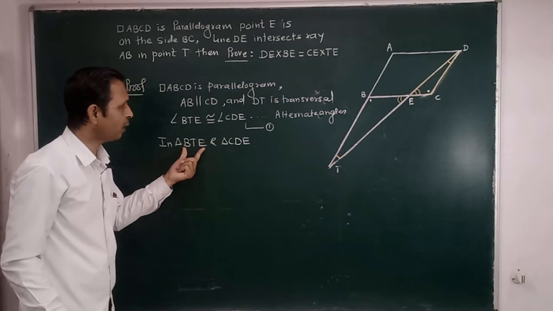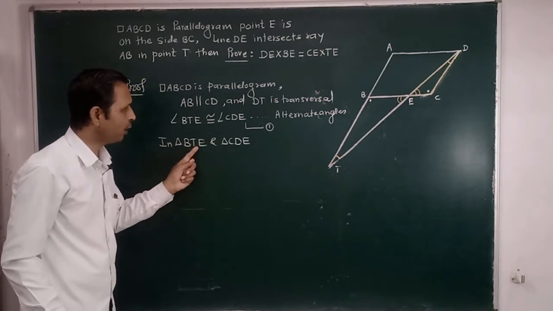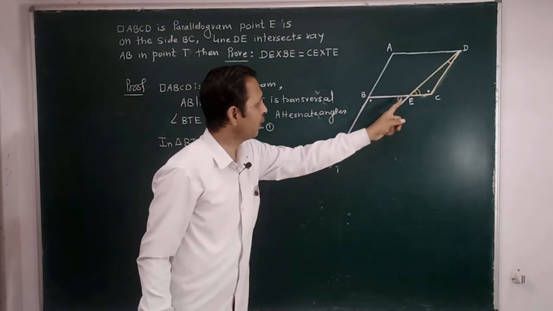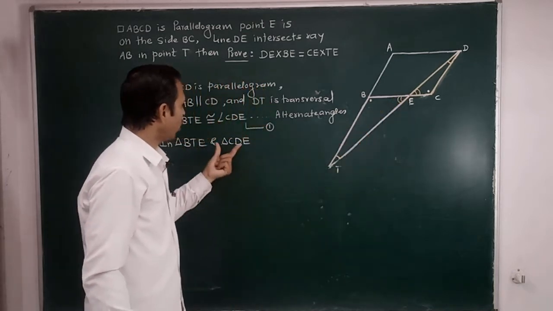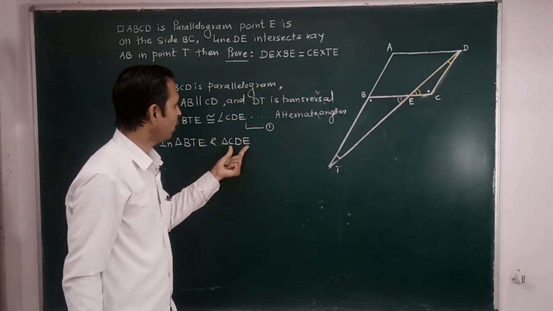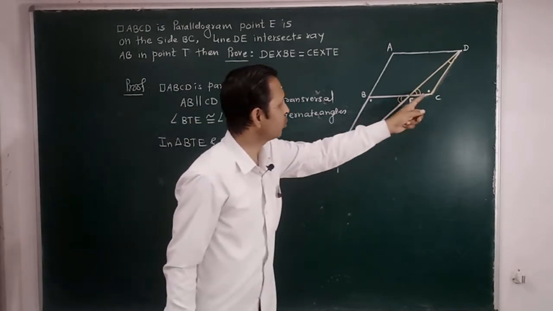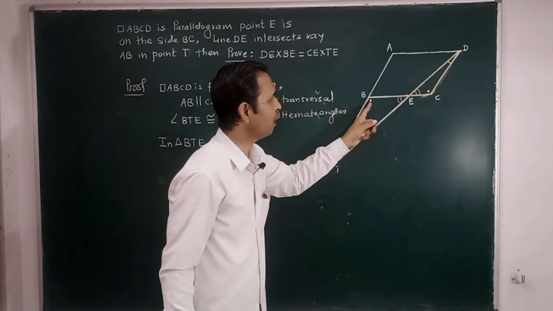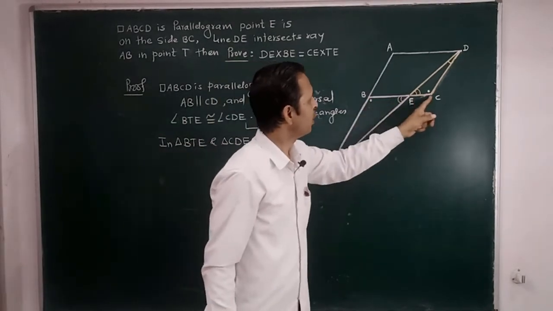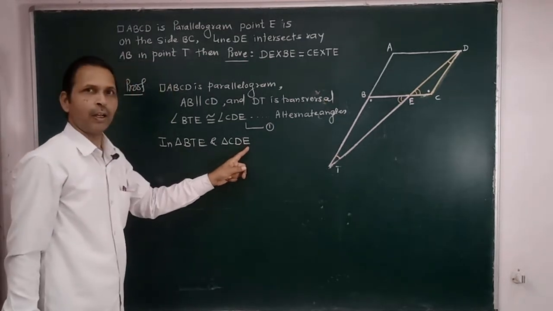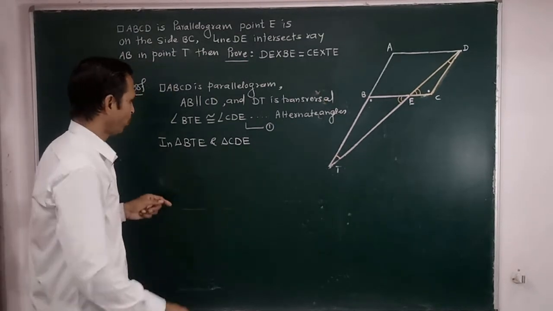How do we write the names of the triangles here? BTE: first we take B, then T and then E. For the next triangle, first we take C because we took B in the first triangle, then D and E: CDE. Now this is the one-to-one correspondence.